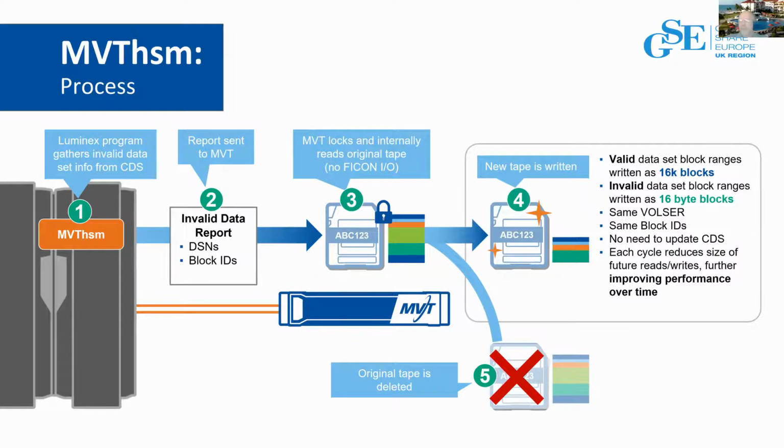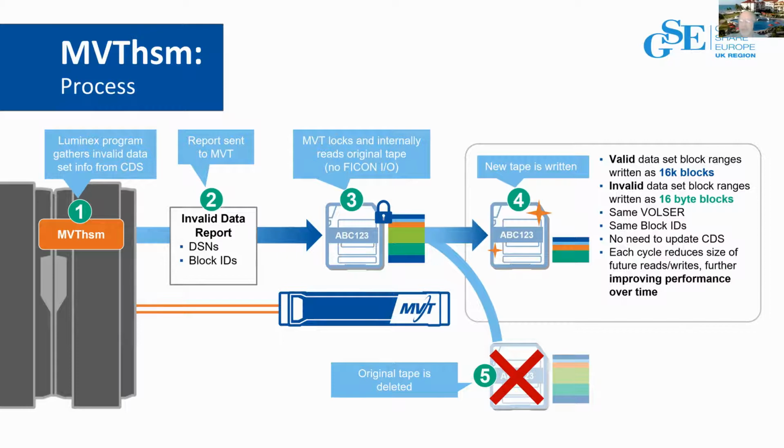As we read through and we see a data set that's been deleted out of your catalog on the mainframe, we'll replace those block IDs associated with the data set that's been deleted. So we'll take the 16K block that has invalid data in it now, and we'll replace it with just a 16 byte header block.